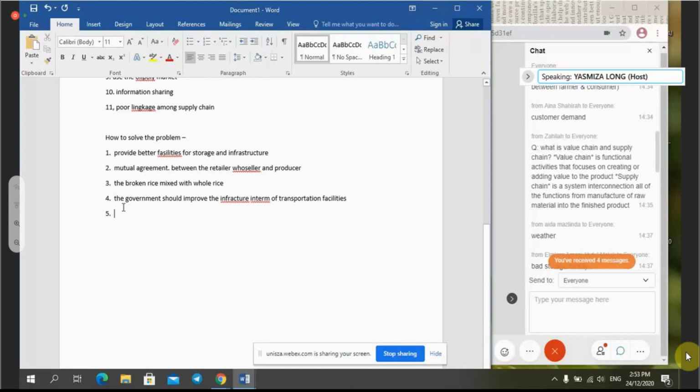Okay. Dan apa lagi? And then mesti kena ada the rules and regulations. Rules and regulation in the supply chain system. Macam contohnya, dia kena ada guidance lah, dia kena ada rules.